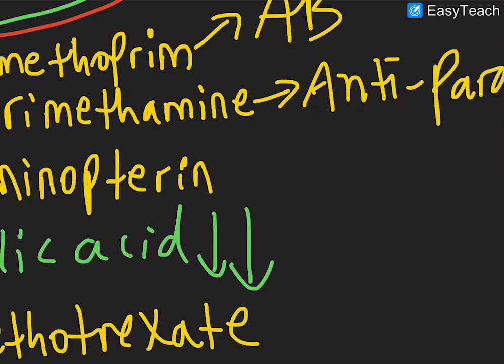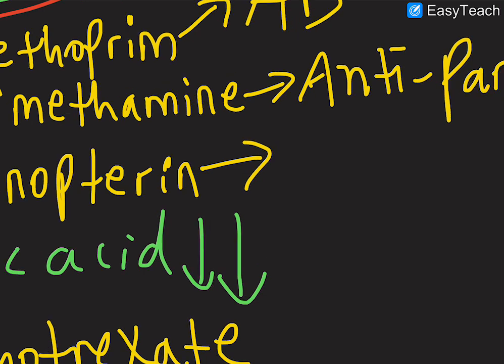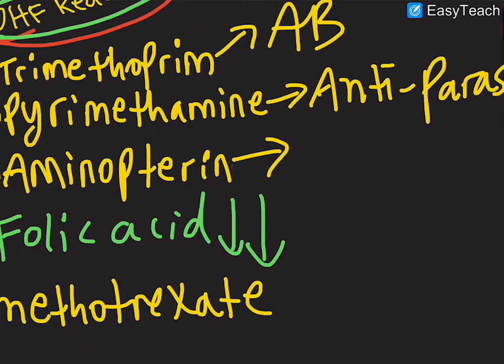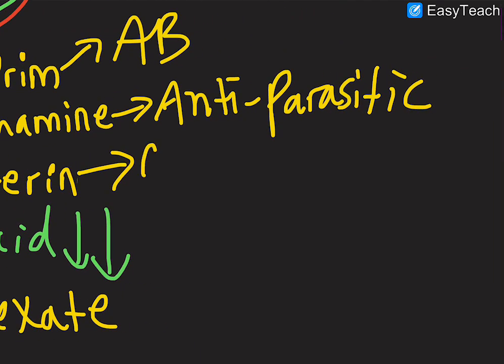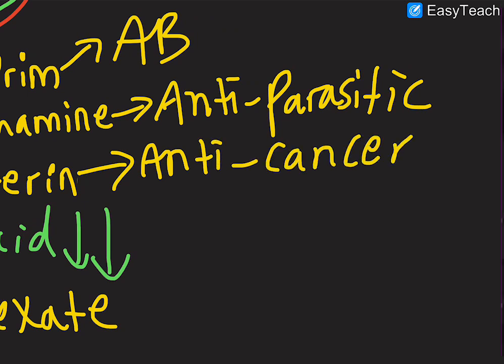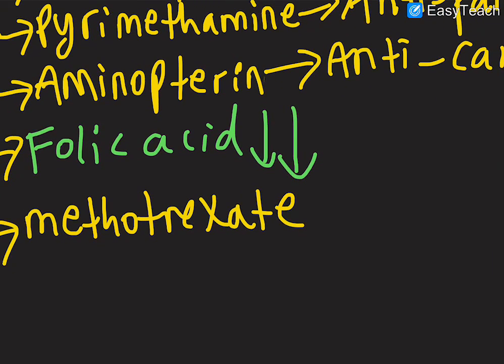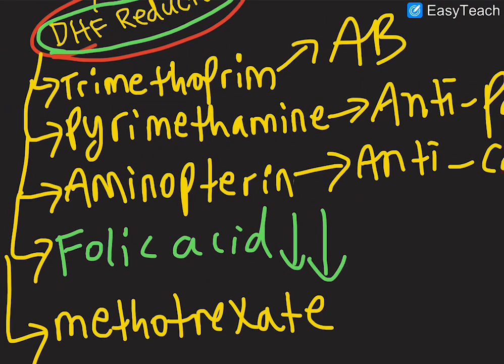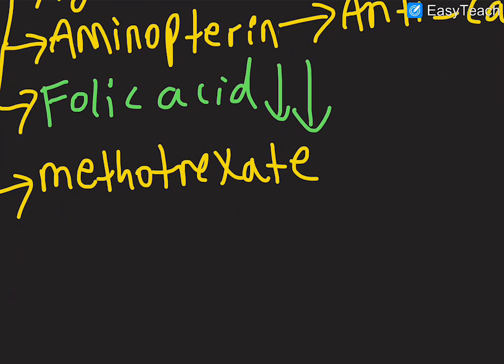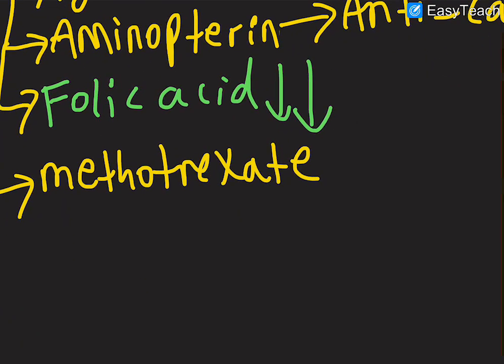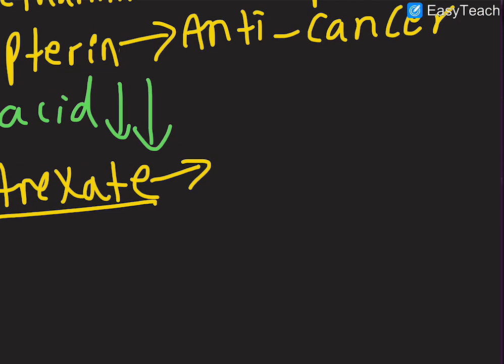So aminopterin, we can basically label as an anti-cancer drug because you can use this in chemotherapy. All right, and then when we go on to folic acid deficiency, that's really nothing, just showing that if you're deficient in folic acid, that may lead to the inhibition of dihydrofolate reductase. And then last but not least, methotrexate is also an antibiotic.